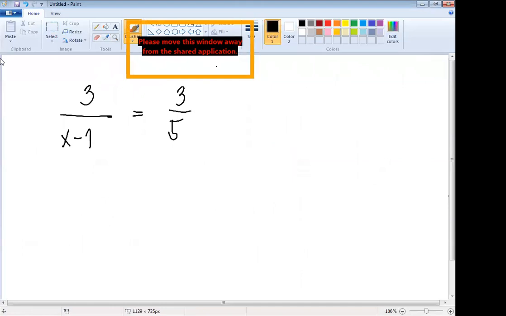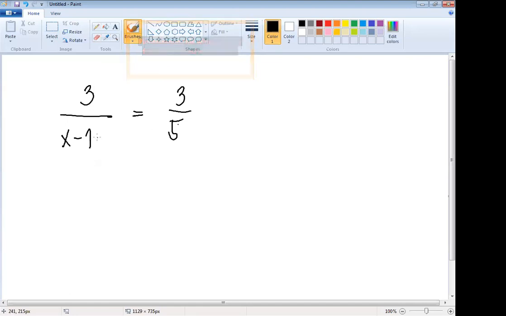So from here, what factors do we have? What will we multiply so that we can eliminate both denominators? The denominators that we have are x minus 1 and 5. So we have to multiply both sides by 5 times x minus 1, or we can simply use cross multiplication.